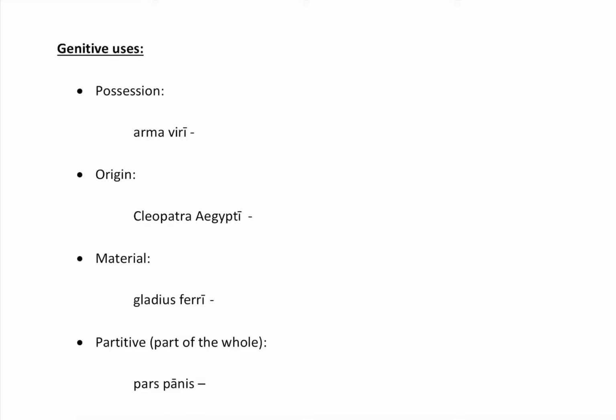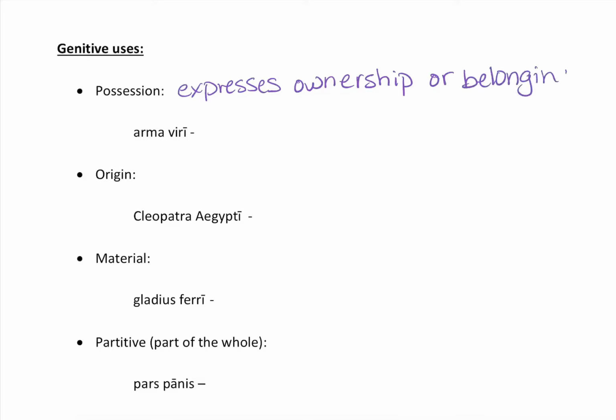So, genitive of possession, the very first thing that you learn, expresses ownership or belonging. It probably is the most common thing that we see in English as well. Now, in English, we'll use it with an apostrophe S, but in Latin, remember, they didn't have any of that, so they used the genitive case, so they would know what was being possessed.